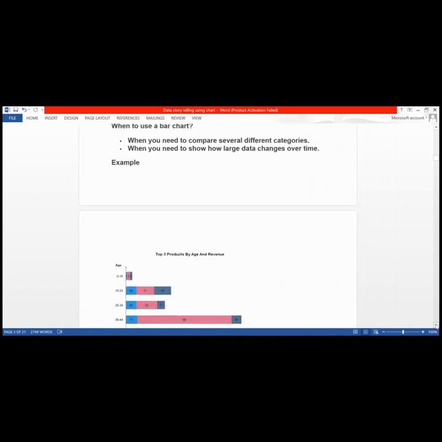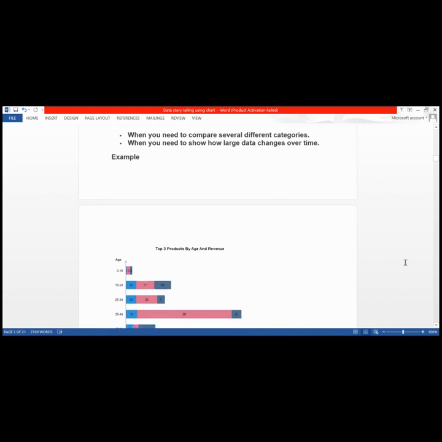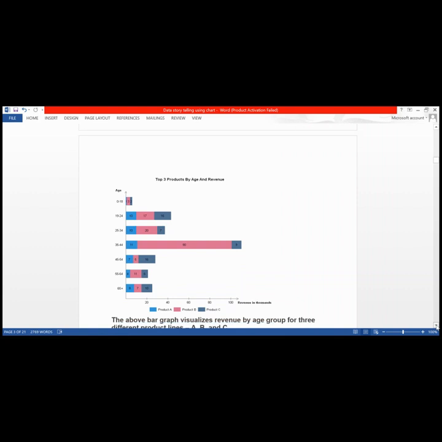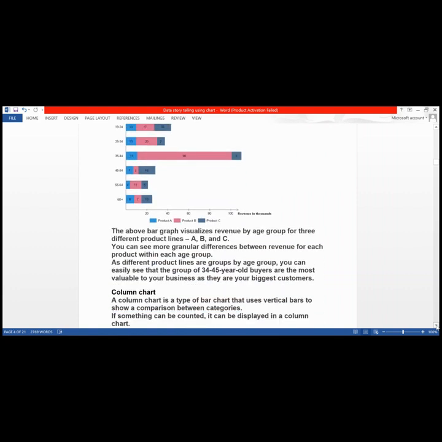This is just an example that shows the top three products by age and revenue. The bar graph visualizes revenue by age group for three different product lines, A, B, and C. So you can see more granular differences between revenue for each product within each group.